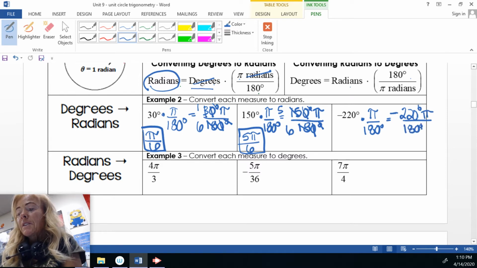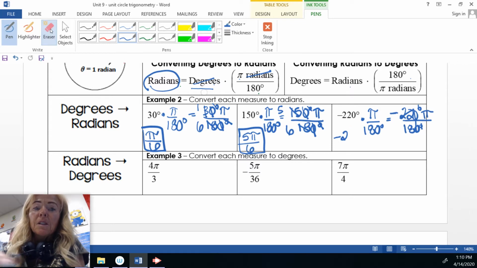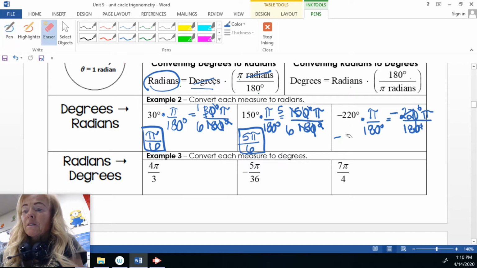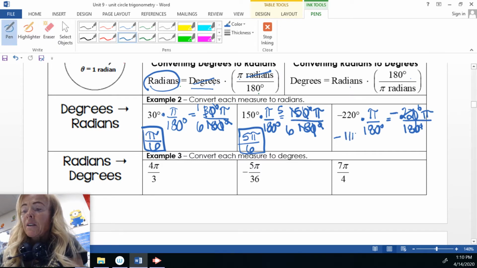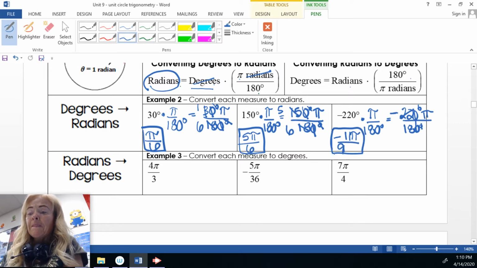All right, the degrees divide out and the zeros divide out, and it looks like we have a common factor of 2, which leaves us with negative 11 pi over, 2 into 18 is 9. Negative 11 pi over 9. All right. And those are degrees turning into radians.